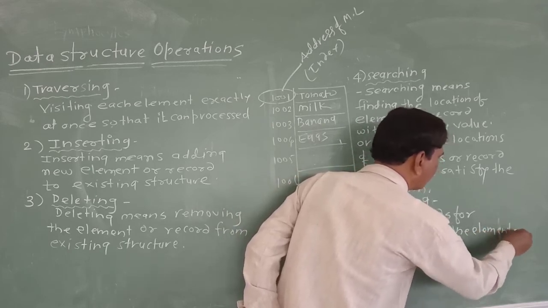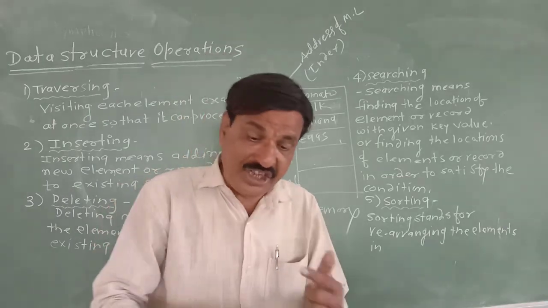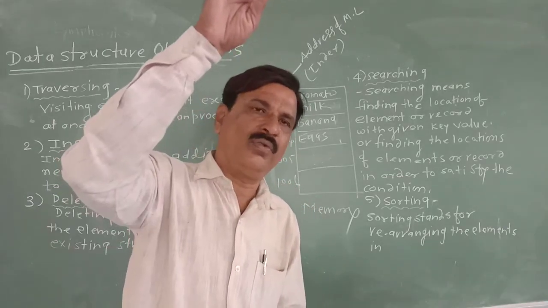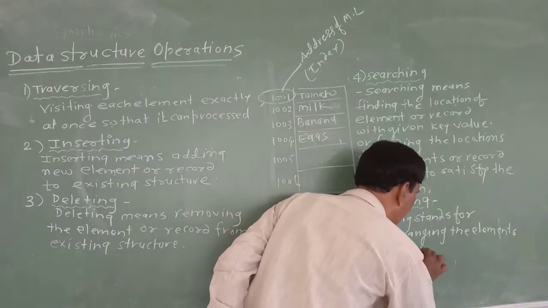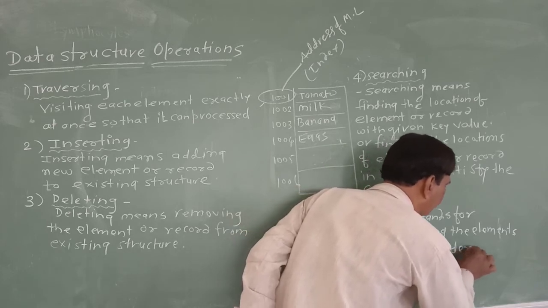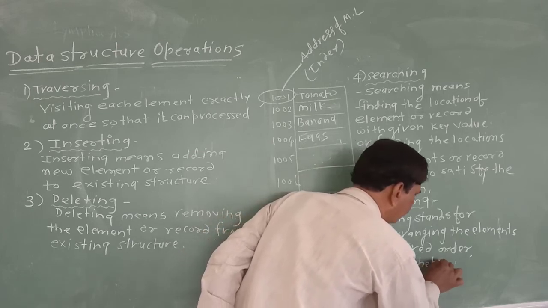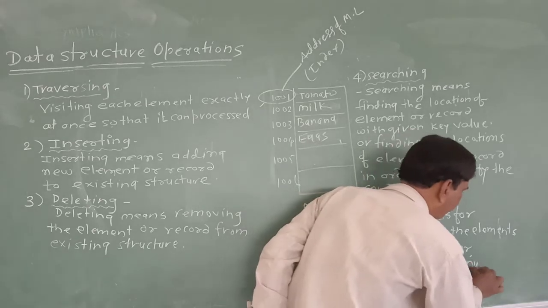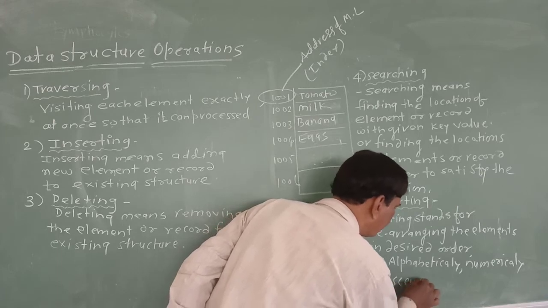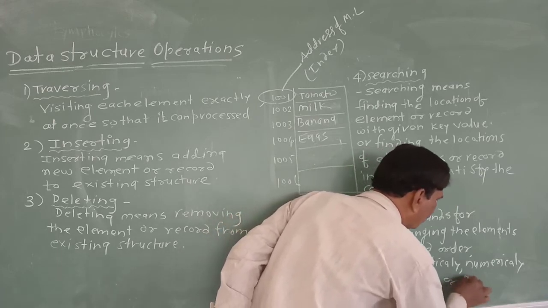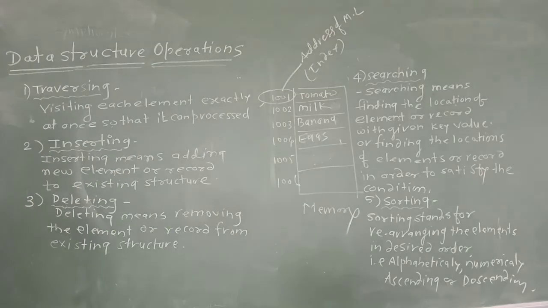Rearranging the elements in what order? If you have to sort it alphabetically, numerically, in the desired order, that is alphabetically, numerically, ascending or descending. So this is the operation.